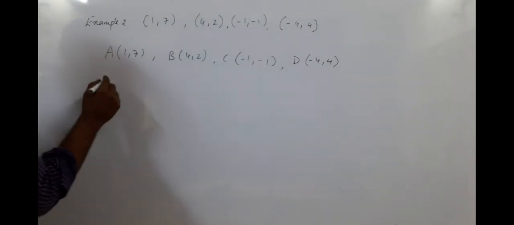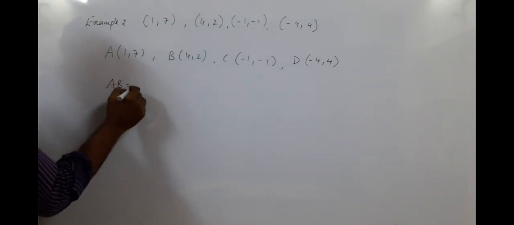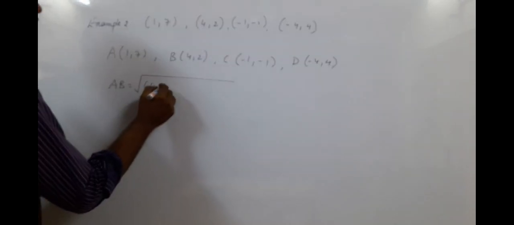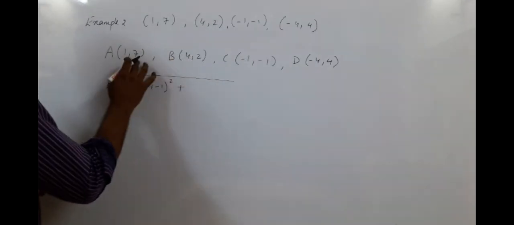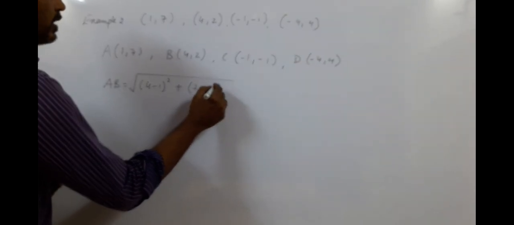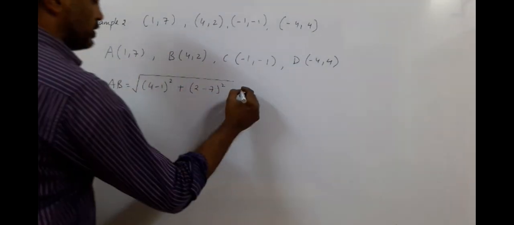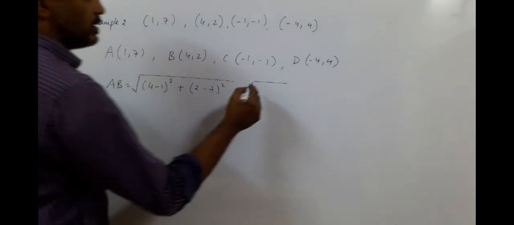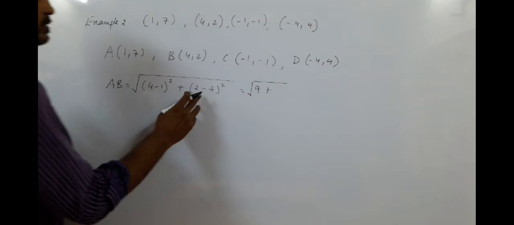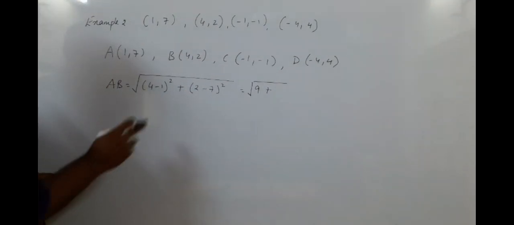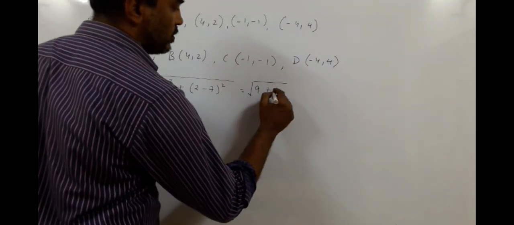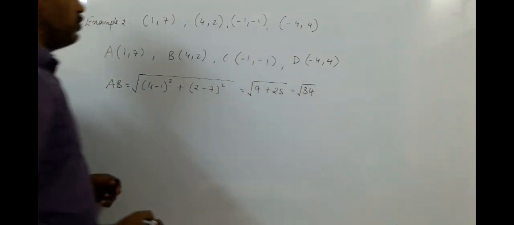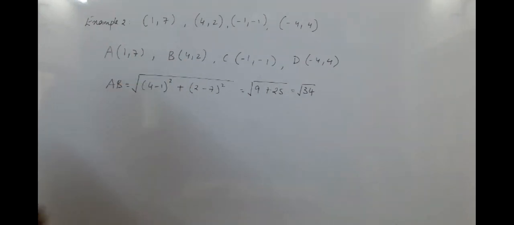Let us find AB. AB is under root x2 minus x1, 4 minus 1 the whole square, plus y2 minus y1, 2 minus 7 the whole square. 4 minus 1 is 3, 3 square is 9, plus 2 minus 7 is minus 5, minus 5 square is 25. 25 plus 9 is 34. So we got AB root 34.